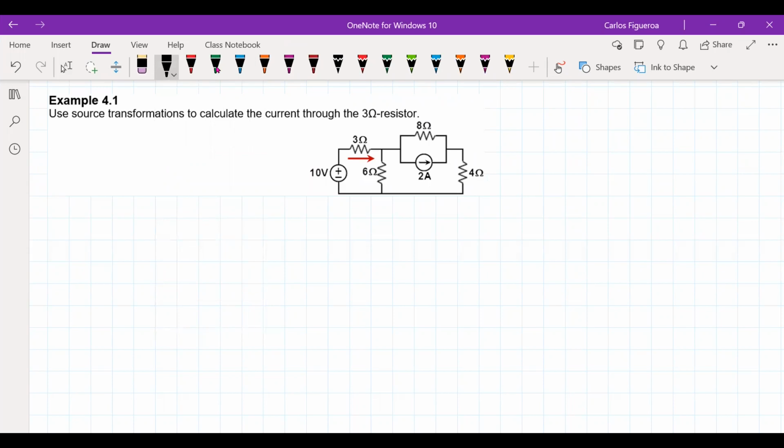Example 4.1, use source transformations to calculate the current to the 3 ohm resistor.